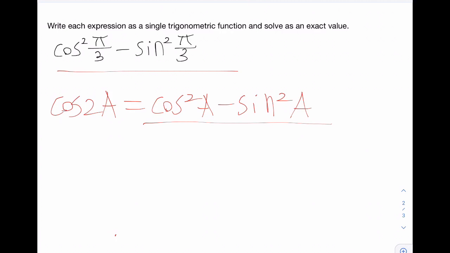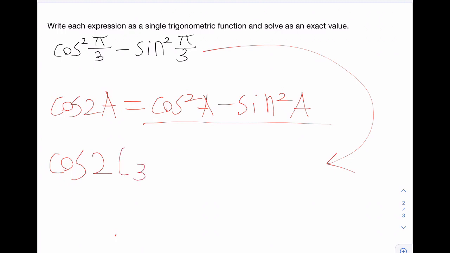There's cos squared and sine squared, and then there's the same angle, pi over 3, and here we have the same angle, the A's. So now we just have to say that this is going to equal cos of 2 multiplied by pi over 3, because our A in this case is pi over 3 here.